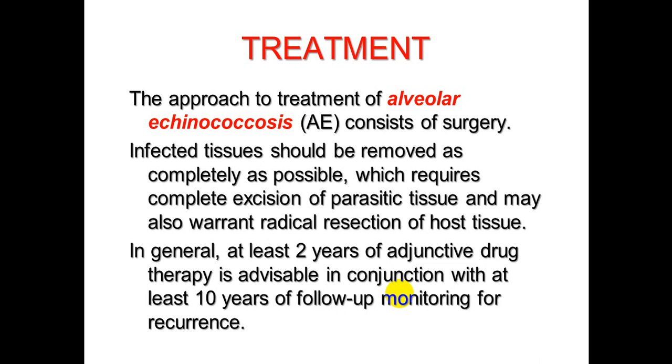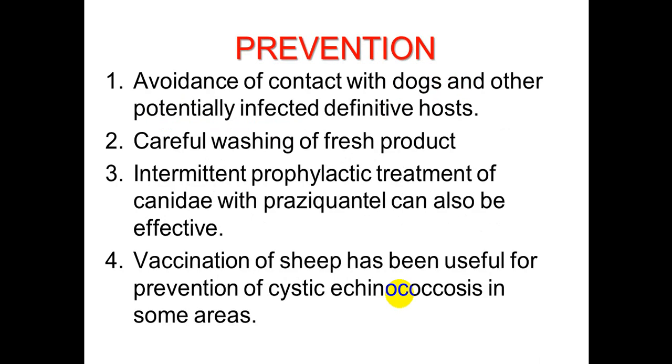Some say it is not beneficial to give albendazole in lung hydatid cyst, but the guidelines say 2 years of adjuvant drug therapy is advisable in conjunction with at least 10 years of follow-up monitoring for recurrence of the hydatid cyst in the lung.